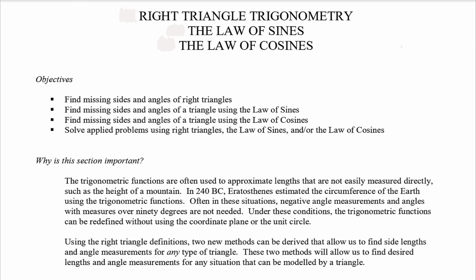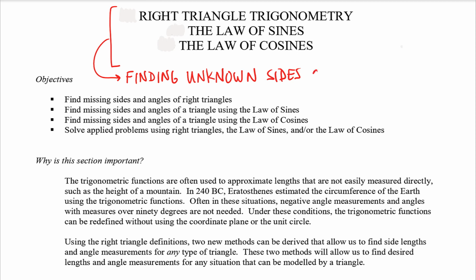We're going to take a look at what's called right triangle trigonometry, the law of sines, and the law of cosines. All of these, this whole setup right here, you can think of as finding unknown sides and angles of triangles.